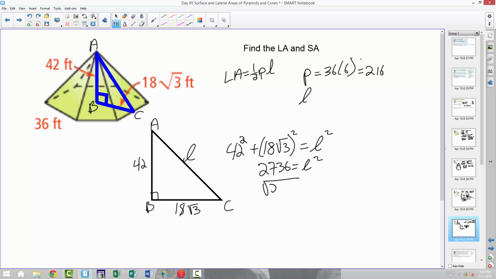Square root of 2736 equals L. So L, if I take the square root, will be 12 square root 19. 12 square root 19 is the slant exact. If I want to round it, it's 52.3.